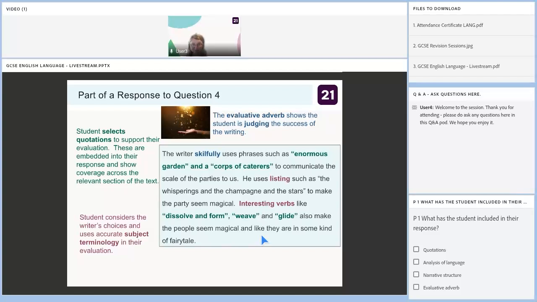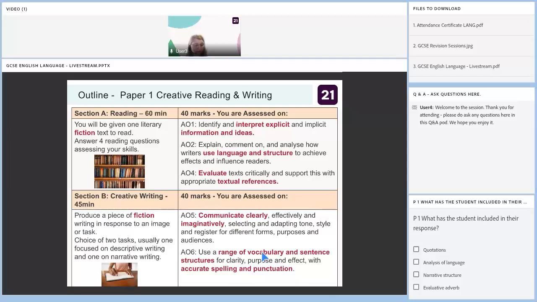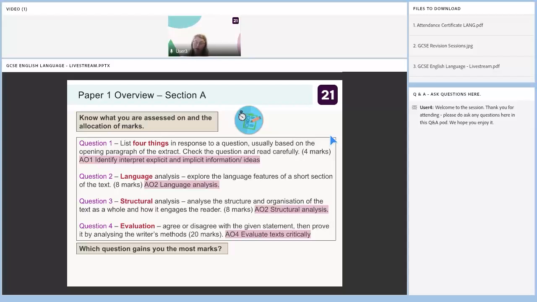So that's paper 1. I'm just going to take us back to the grid that I showed you at the beginning and just sum up the top tips, and then I will hand over to Shamima for paper 2, and you will hear from me again in a moment when I'll talk about the writing paper. So just to sum up then, paper 1 reading, you do need to be very aware of the different numbers of marks.